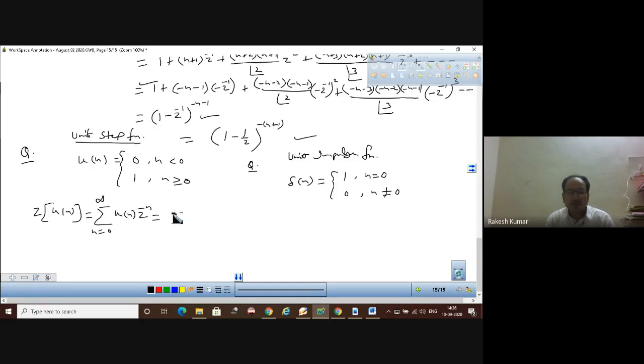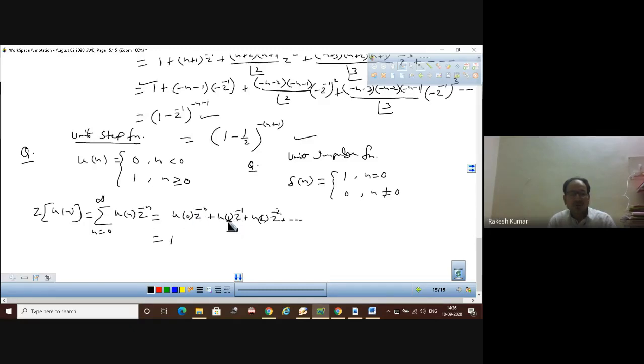So that will be, first for 0 value, u(0) Z raised to power minus 0 plus u(1) Z raised to power minus 1 plus u(2) Z raised to power minus 2 plus so on. What is u(0)? It means the value for n equal to 0. The value of u(0) will be 1 from this, so Z raised to power minus 0 is also 1.